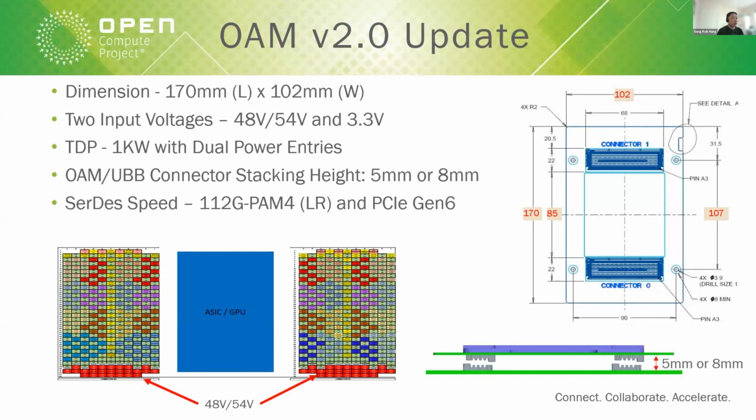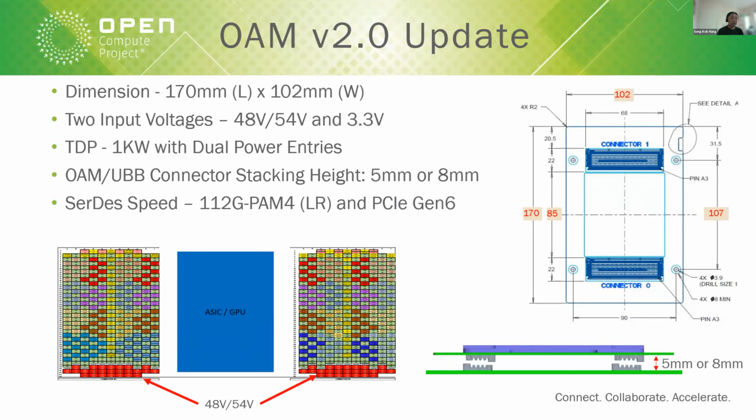And we also locked down the voltage input for the OAM. We have either 54 or 48 volt and 3.3 volt. And we got rid of the 12 volt because, looking at the application, we are targeting high power, and 12 volt is no longer efficient to deliver such a high power for the OAM.